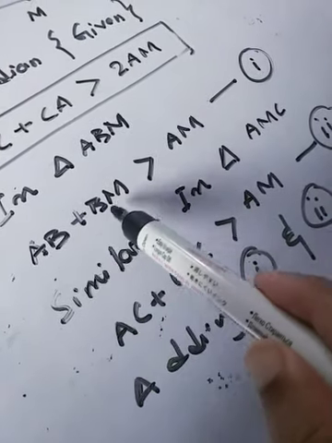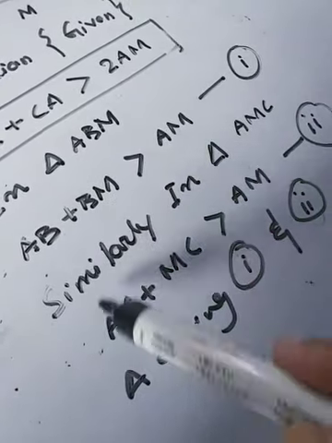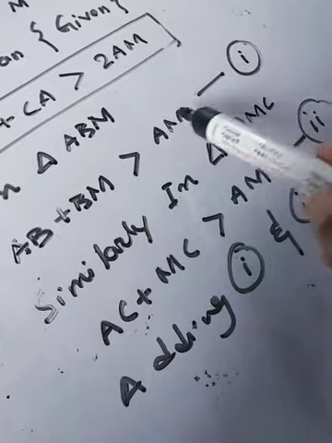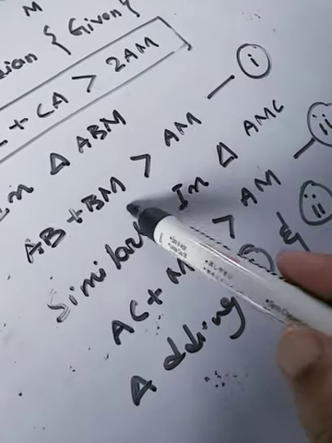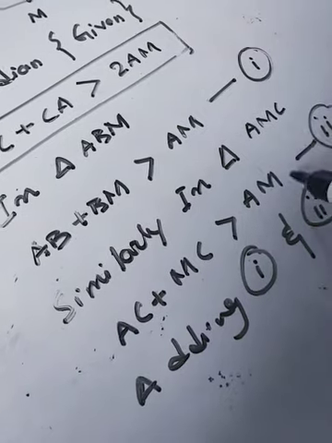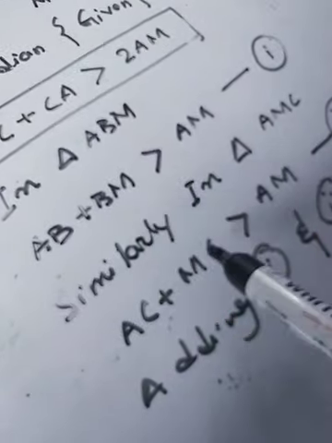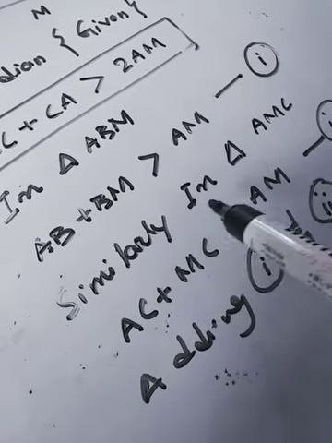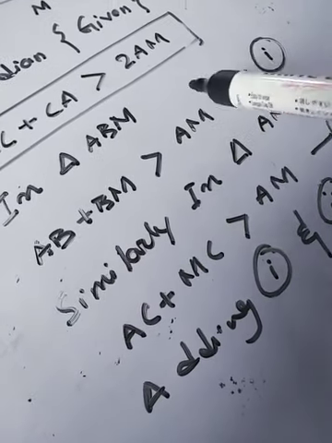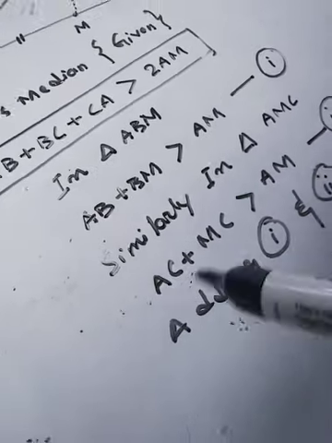So AB plus BM plus AC plus MC, these are all on the left hand side. I'm repeating: when you add these two equations, you add the left hand side with the left hand side, then give the greater than sign, then add the right hand side with the right hand side. See, I'm doing this.